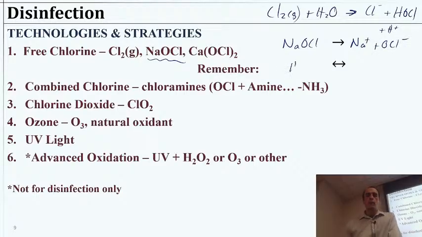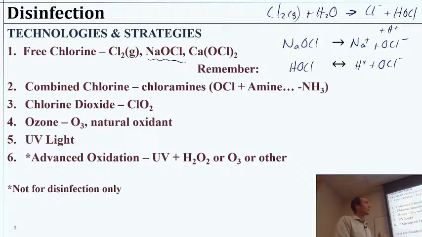Then we recognize that HOCl will be in equilibrium with H+ and OCl minus. So anytime we're chlorinating anything, we need to navigate the fact that free chlorine technically refers to any of those three: chlorine gas, HOCl, or OCl minus.